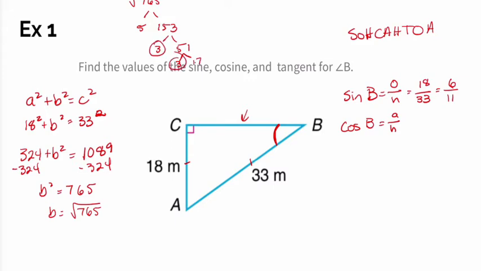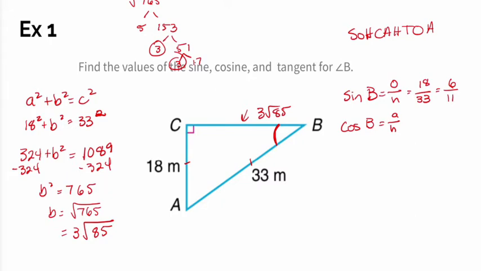So anything that has a pair of factors can come out. So the 3 can come out. The 5 and the 17 stay in, and 5 times 17 is 85. So we get 3 square root of 85 as our adjacent side here.